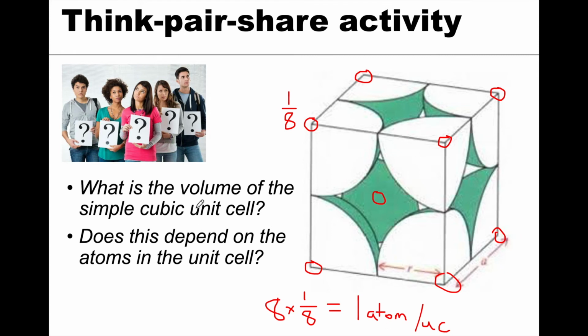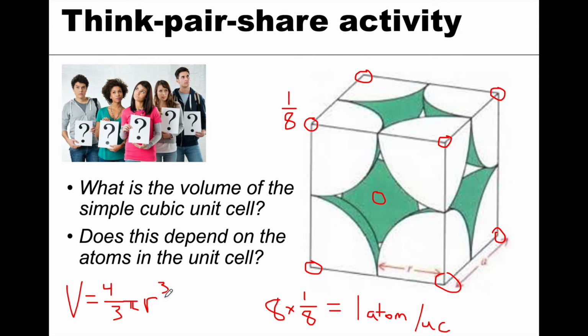When we get to volume, we have to calculate the volume of a sphere. If you remember how that's calculated, the volume is 4/3 pi r cubed, using the same r as we used over here.